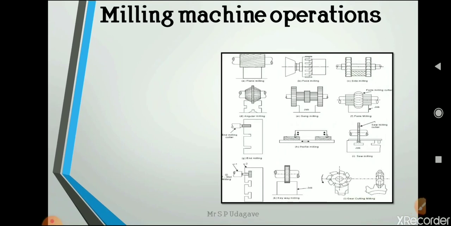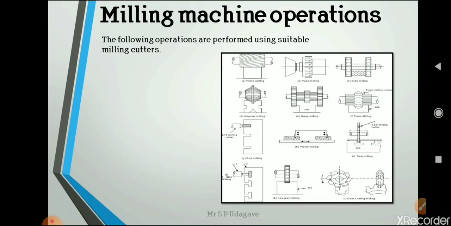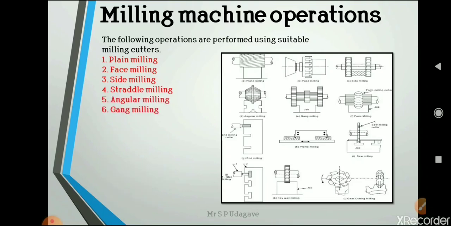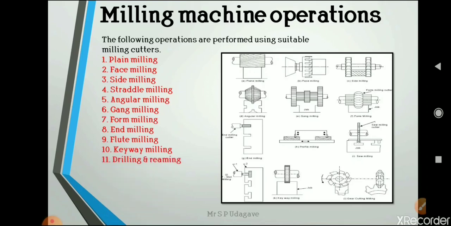So we go through the milling machine operations. Different types of operations we can perform. The figure shows the number of operations, and we can list the following operations performed with the help of milling cutters: plane milling, face milling, side milling, straddle milling, angular milling, gang milling, form milling, end milling, flute milling, keyway milling, drilling and reaming, boring, gear cutting, thread milling, and cam milling operations.